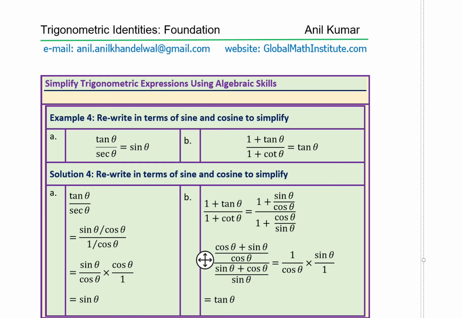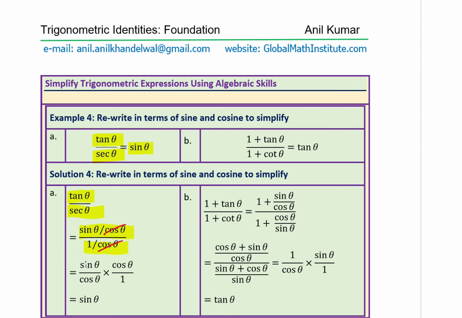So I have taken very simple examples here to begin with. Example number 1 is tan theta over secant theta equals sine theta. Now, tan theta could be written as a ratio of sine and cosine. So once I write tan theta as sine over cosine, and secant as 1 over cos theta, clearly I could cancel the cosine theta terms, right?